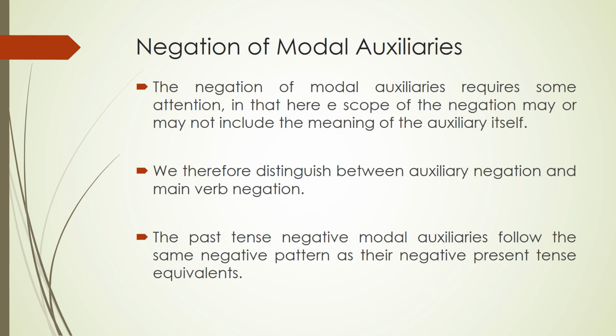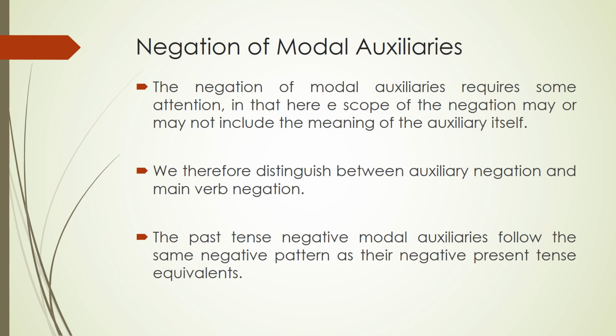But if there is main verb negation in the sentence, this means that the modal auxiliary is outside the scope of negation. The scope of negation starts from not itself to the end of the sentence, and here we are negating the main verb and not the auxiliary.